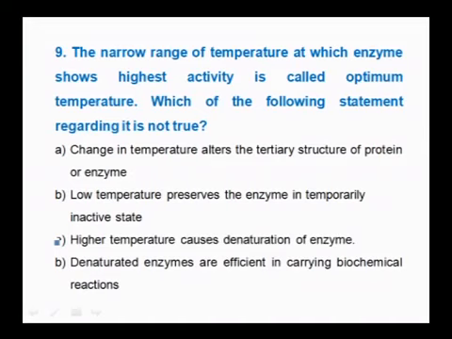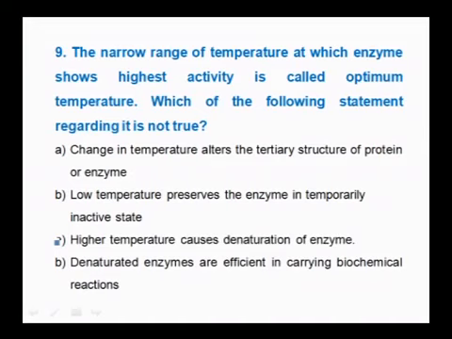C, higher temperature causes denaturation of enzyme, and option D, denatured enzymes are efficient in carrying out biochemical reactions. So the options are A, B, C, D, out of which we can identify this.